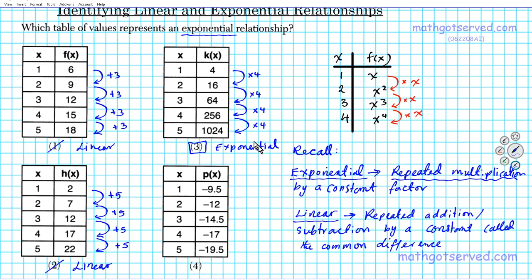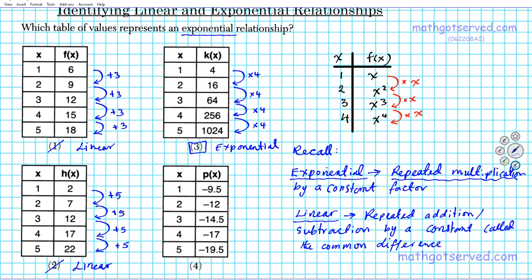So let's just do 4 just to make sure that we're doing it correctly. All right? So for number 4, we have negative numbers here. The signs are the same, and the number is increasing in magnitude, which indicates repeated subtraction or multiplication. We don't know yet.